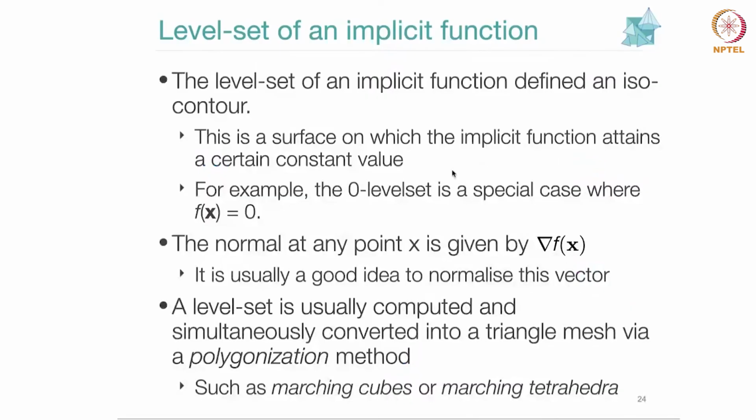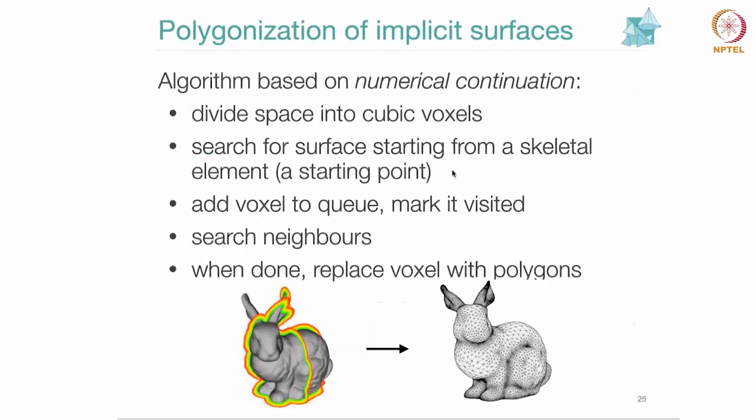All right, so polygonization is an algorithm based on numerical continuation, and basically you have a space divided into cubic voxels or a tetrahedral grid, and you search for a surface starting from a skeletal element or starting from a point.